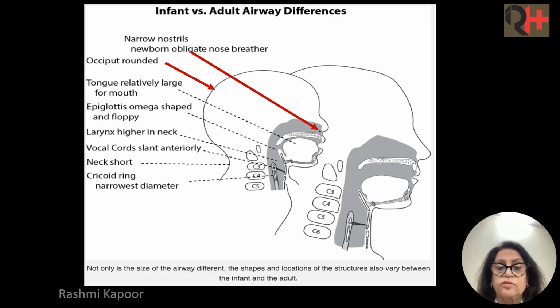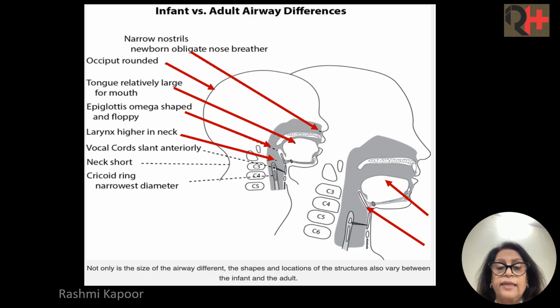The occiput is round, so even slight flexion of the neck may lead to respiratory distress and obstruction. The tongue in an infant occupies the major portion of the mouth, whereas in an adult it does not. There is quite a lot of room left inside the mouth. The epiglottis we know is omega shaped and floppy in children, whereas in adults it is straight because of the cartilage present.